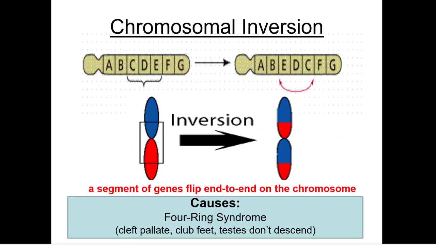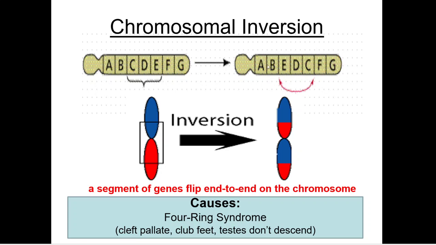Okay. The third one is called chromosomal inversion. And if you think about it, remember when you do math, when you do the inverse of a fraction, you flip it, right? Same thing here. So what's going to happen, instead of going through our nice little alphabet all the way to G, as you can see, we get a switch.